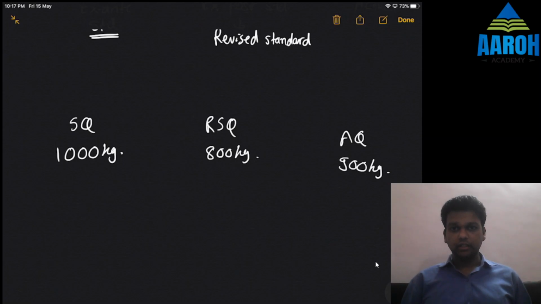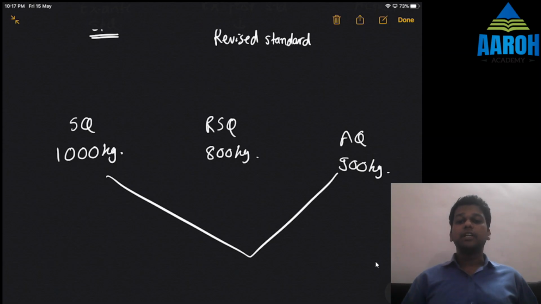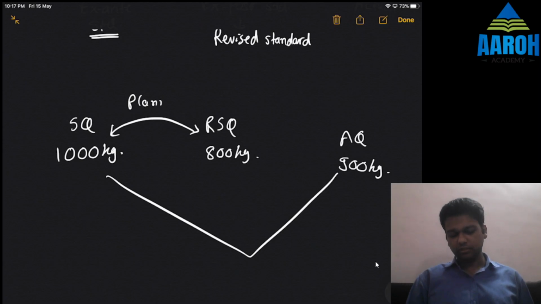Now in this case, if we calculate traditional variance, which is the difference between these two, then that will come favorable, because instead of 1000 kgs we used only 900 kgs. But if we analyze it further, if we dig deeper, then we would realize that it is not favorable actually. The difference between these two is because of planning. Why?